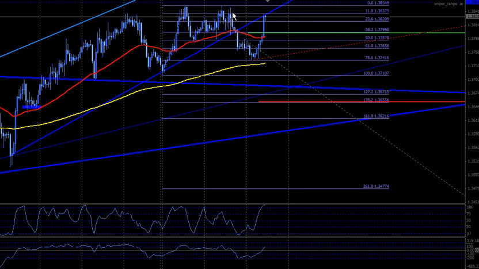And price did continue up, but then it came down, tested the 61.8 and tested the 786. So we still have the ABC to the upside, only C has now moved from here to here. So this is our A, this is B, and now this is C.